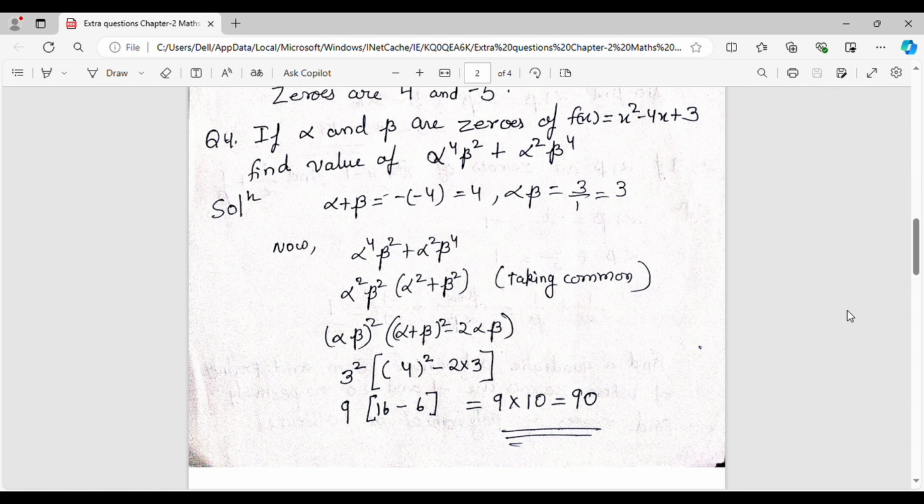Next question, if alpha and beta are zeros of f(x) equal x square minus 4x plus 3, find value of alpha raised to 4 beta square plus alpha square beta raised to 4.